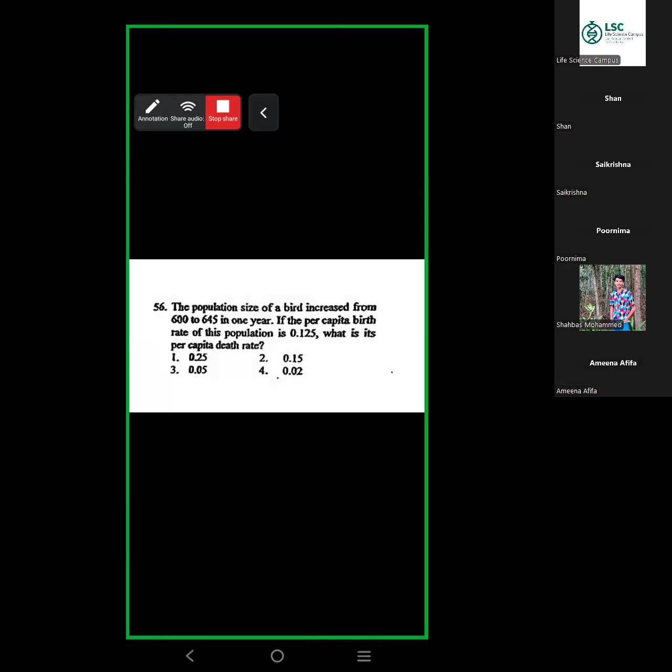There is one more question in the same pattern. Try to do this question.